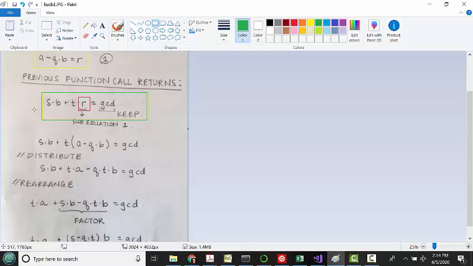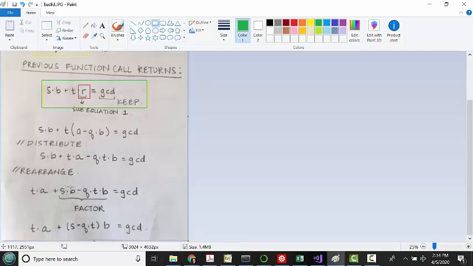Gotten rid of this r, so I want the a and then I want the b. So all I have to do is condense this b over here, factor this b out of both terms, and put it over here. So this b is serving as the new r, this a is serving as the new b, and what's left in parentheses here is going to be this new coefficient.